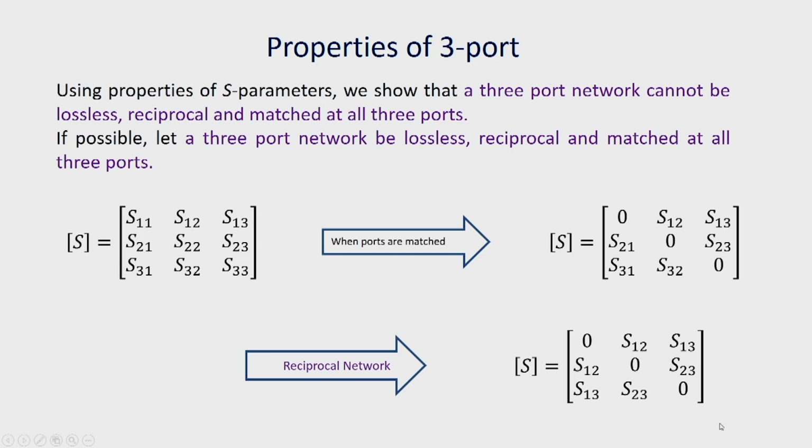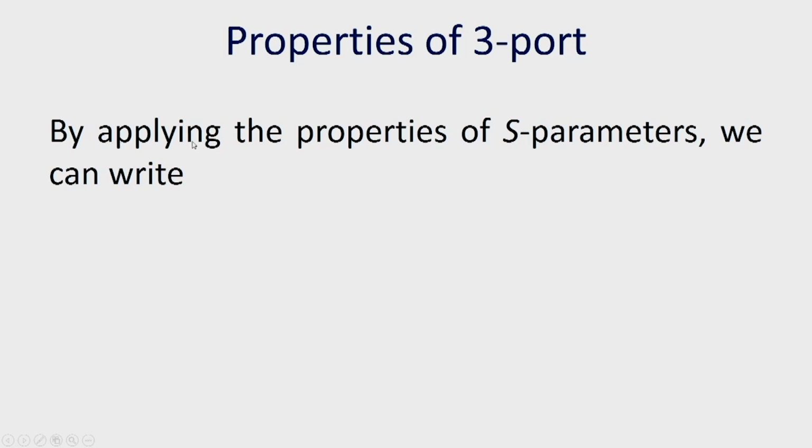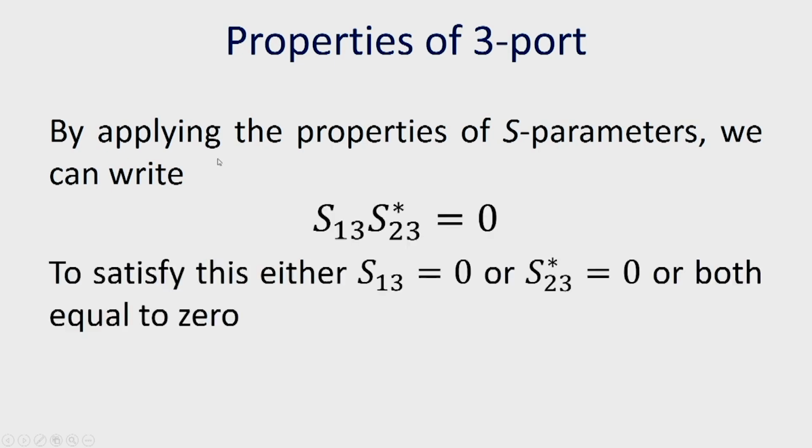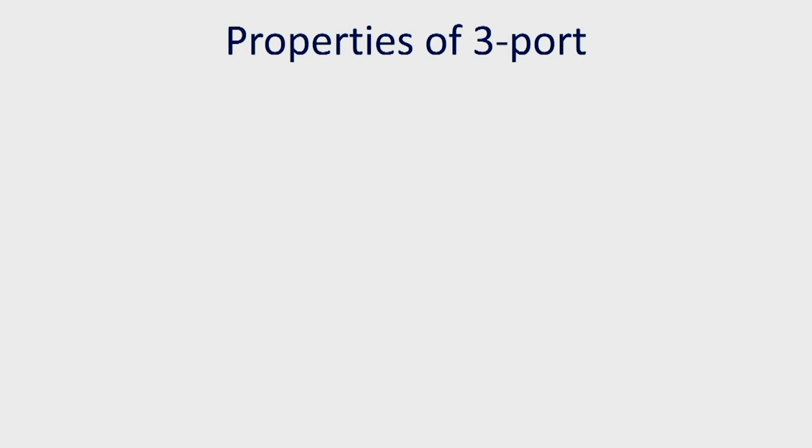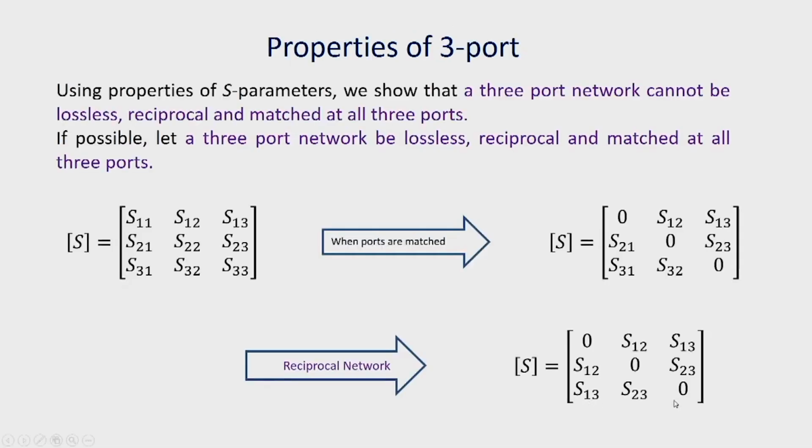Now, let us bring in the other issue, that means losslessness of the network represented by such an S matrix. We know that if we apply the properties of S parameters for a lossless junction, we can write S13 into S23 conjugate is equal to 0.